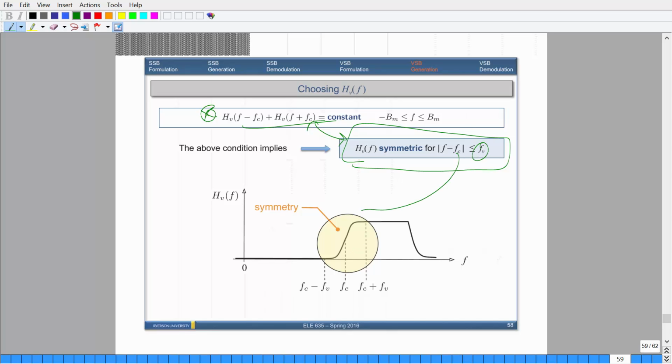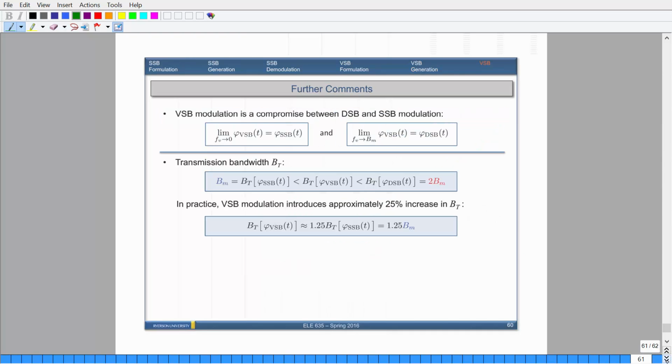It's centered at f of c here. This means that in between plus and minus, it has to be symmetric. I won't actually prove that, just take my word for it. But this will imply this situation. So if you have some carrier frequency plus minus some desired frequency, some vestigial frequency, it has to be symmetric. Okay?